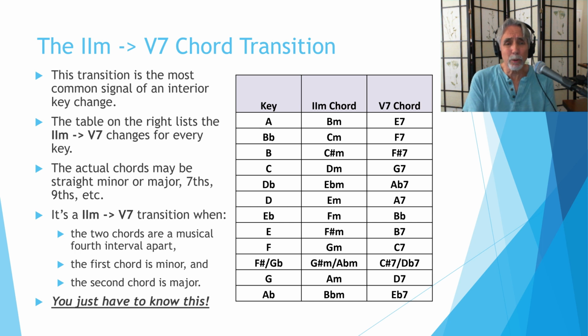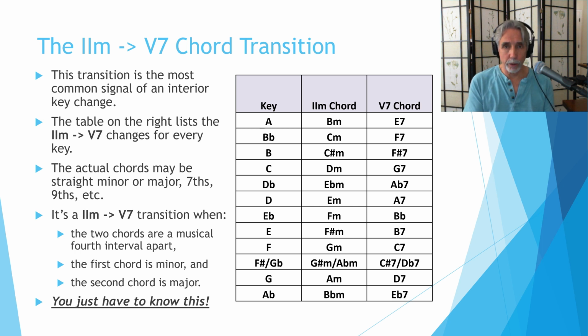So it's a 2 minor 5/7 transition, but the key is still C. If, however, there's an E minor and an A7, well, that's a key transition to a different key. That key is D. And one of the clues is the A7 is not in the key of C, not normally.